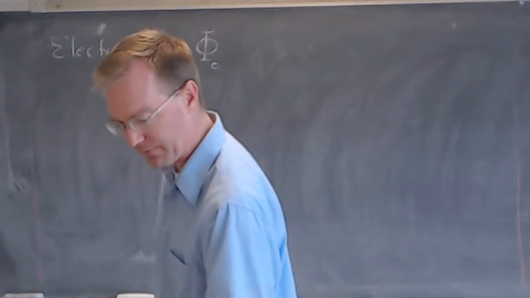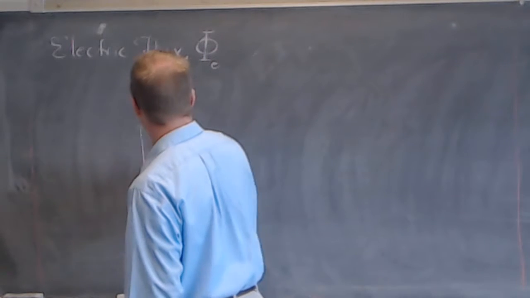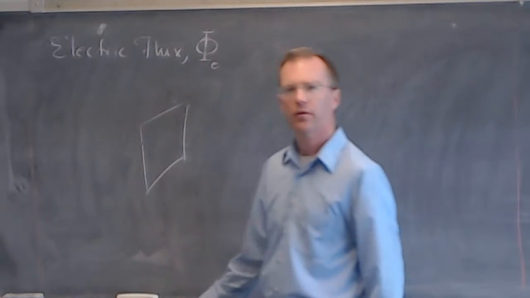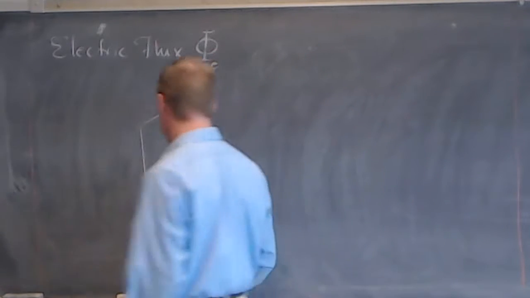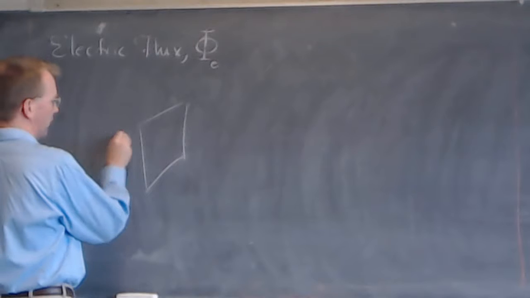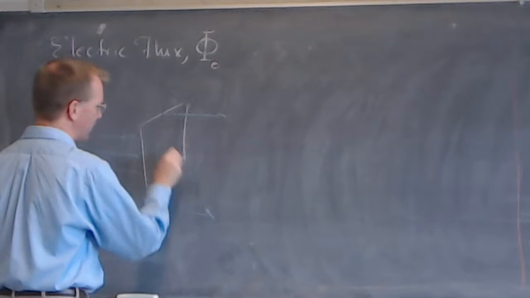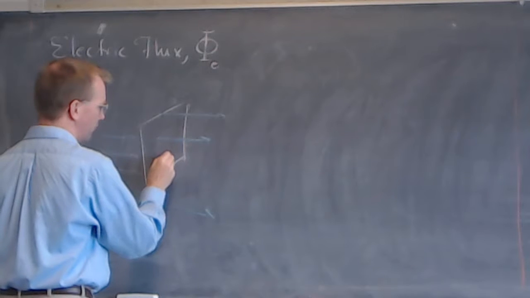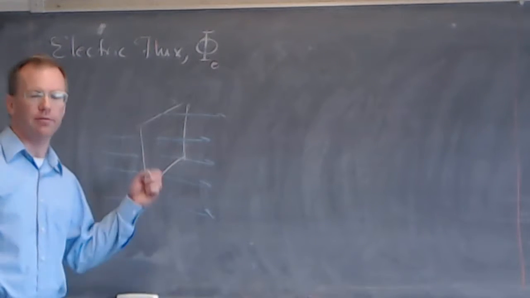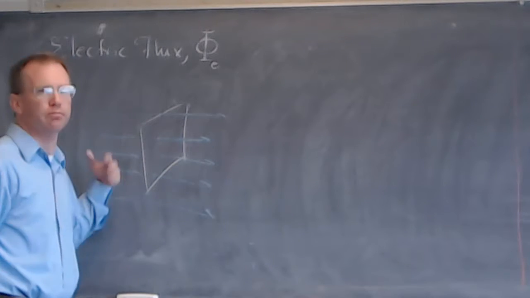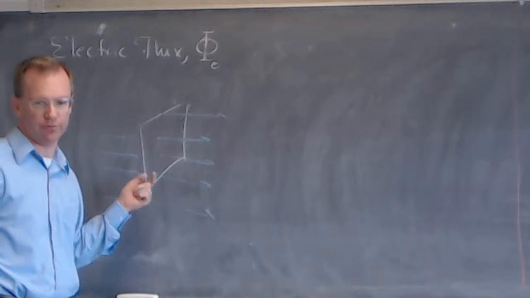So, if I've got a plane surface here, and I've got an electric field that goes past it, and then some of these go through it, like this. The flux is proportional to the number of field lines that go through this surface.